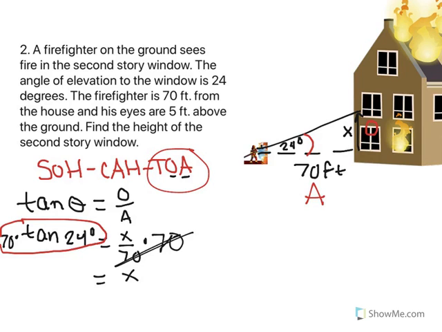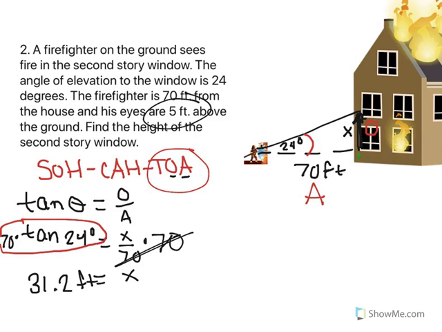That should give you 31.2. That's going to be feet. That is not our final answer. That's where this 5 feet comes in. So that's the length from his line of sight horizontally to his line of sight up to the window.